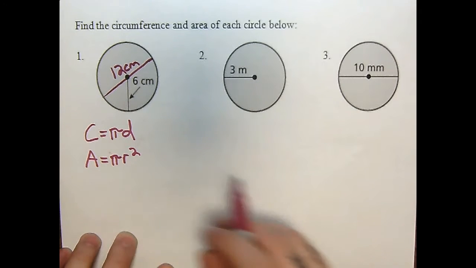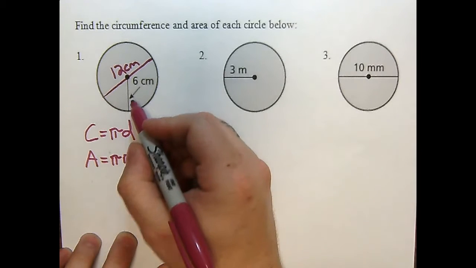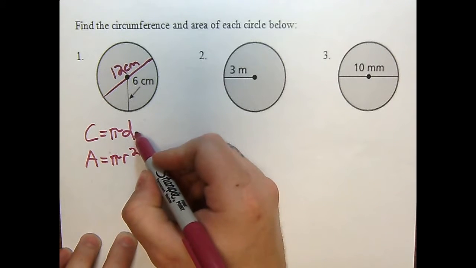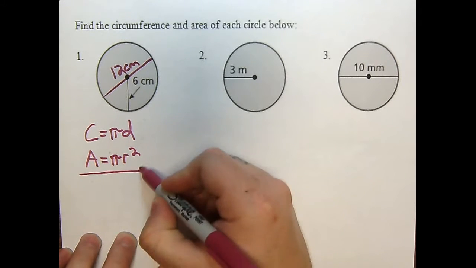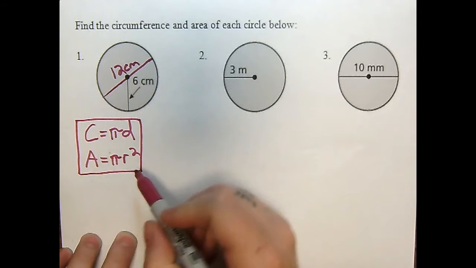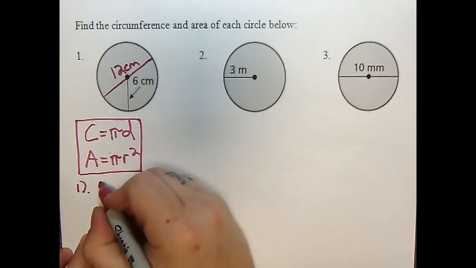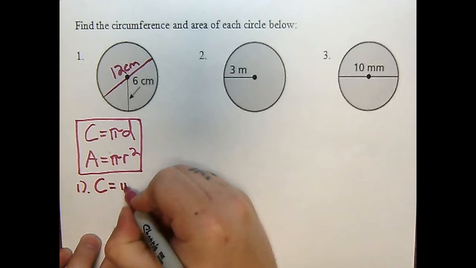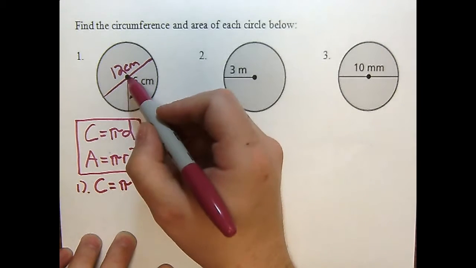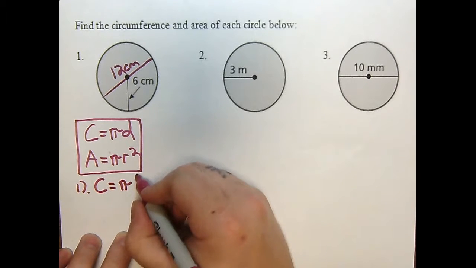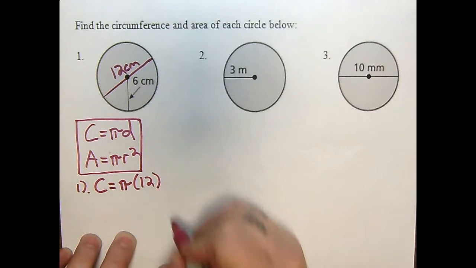So for number 1, I find circumference. I'm going to use the circumference formula. So I'll put a box around these so they're out of the way. So for number 1, I know circumference equals pi times diameter, which is 12. So I have pi times 12.